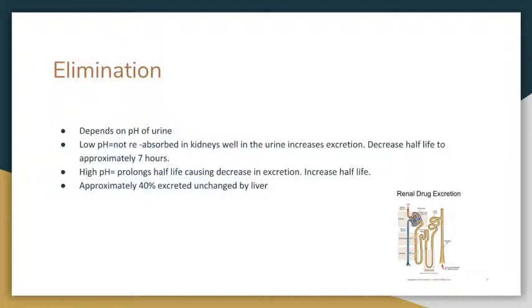The drug will be in the system less because it is being excreted. High pH prolongs half-life, causing a decrease in excretion. So the higher the pH, the more this decreases excretion, which increases the time the drug is in the system.